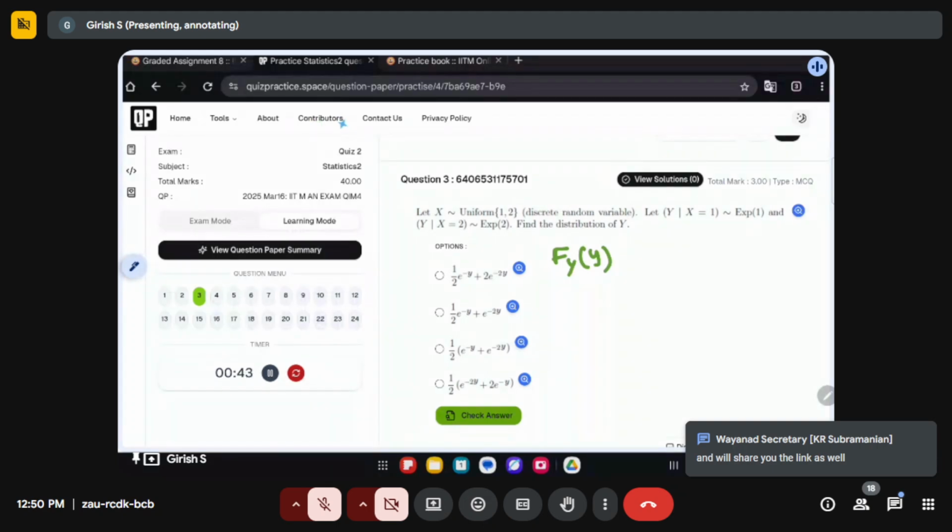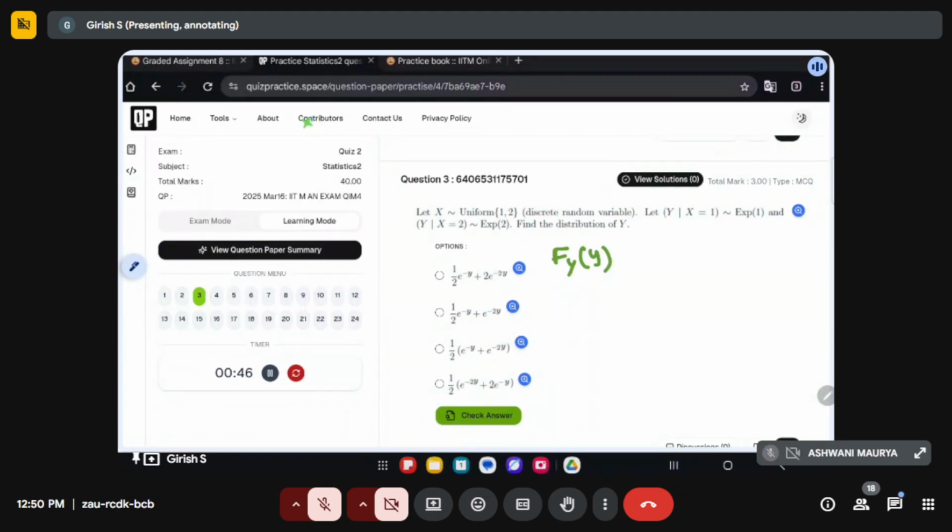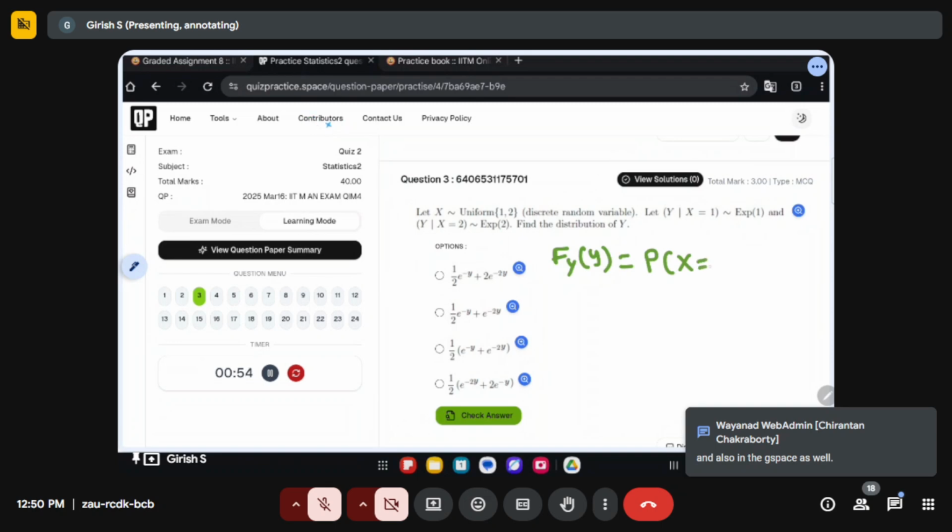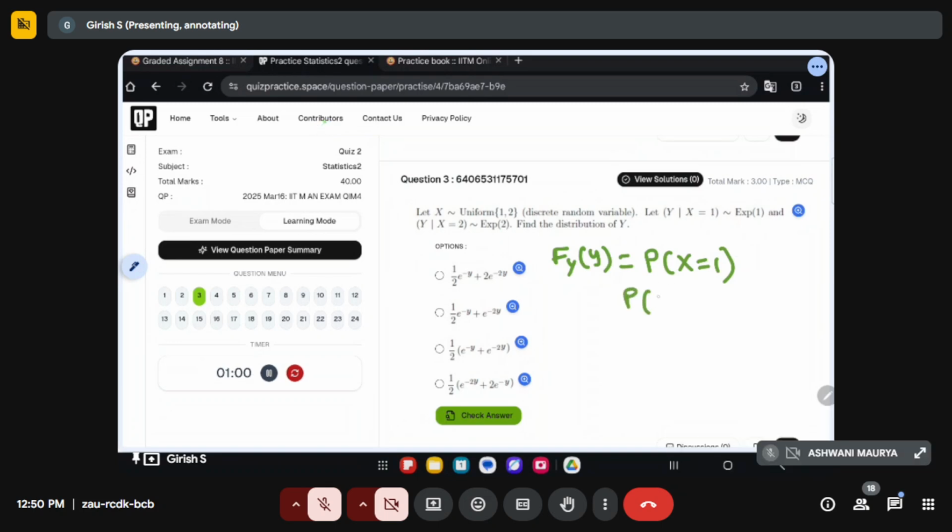So we can apply law of total probability here. Based on law of total probability, this can be written as probability y given x is equal to 1 plus probability into probability of y given x is equal to 2.